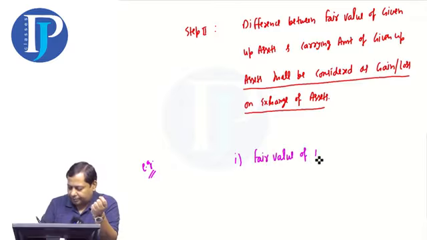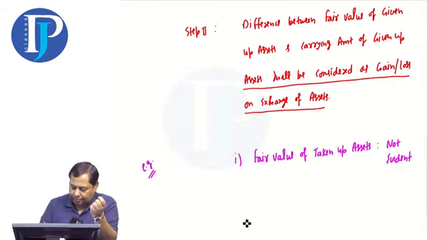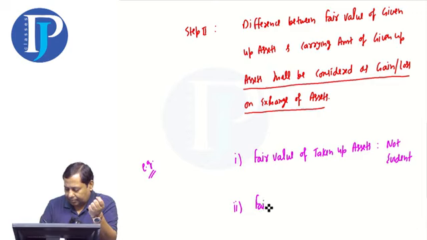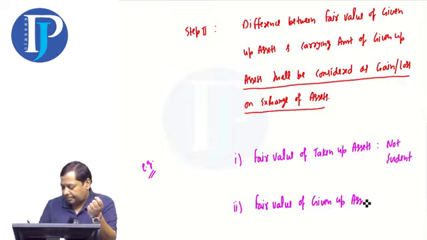Fair value of taken up assets: it's not evident. I don't know how many. Second, fair value of given up assets.